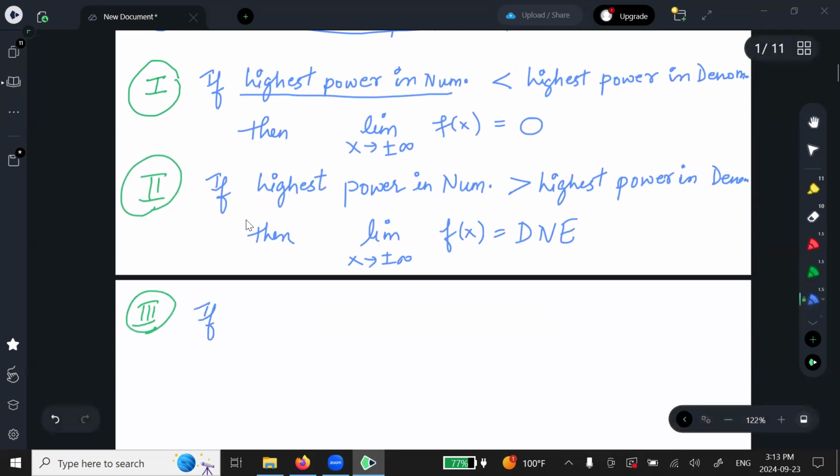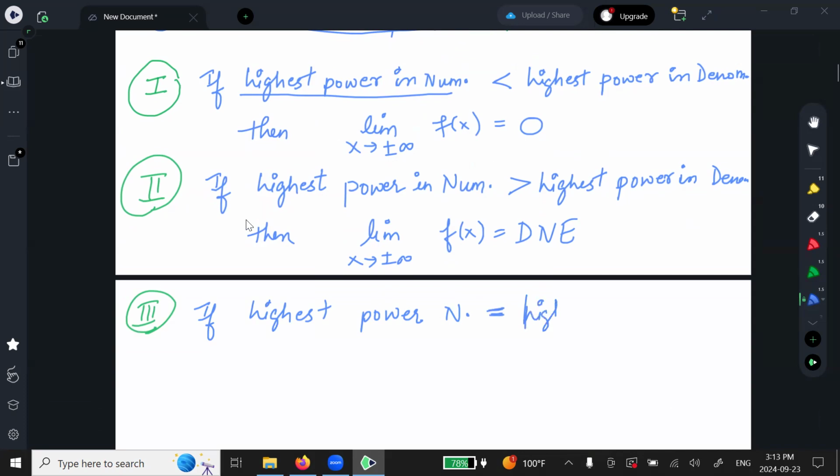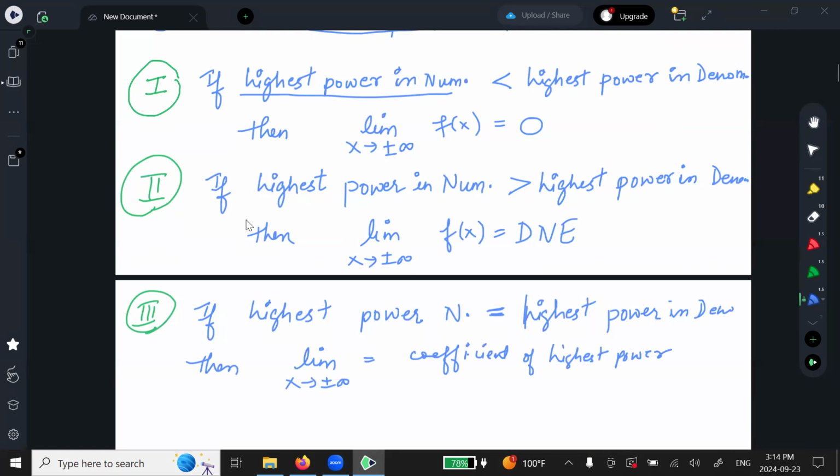If the highest power in the numerator equals the highest power in the denominator, then the limit as x approaches plus or minus infinity will be the coefficient of the highest power in the numerator, just the coefficient, no x, the number, divided by the coefficient of the highest power in the denominator.